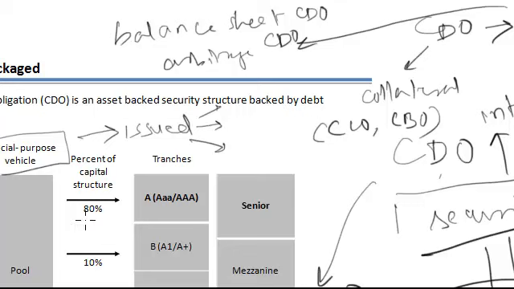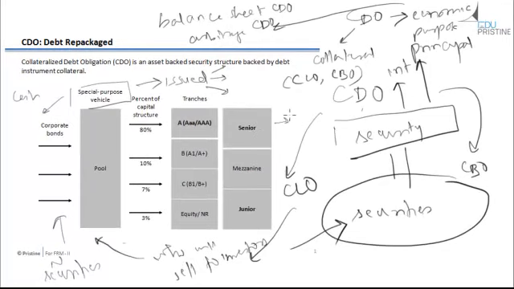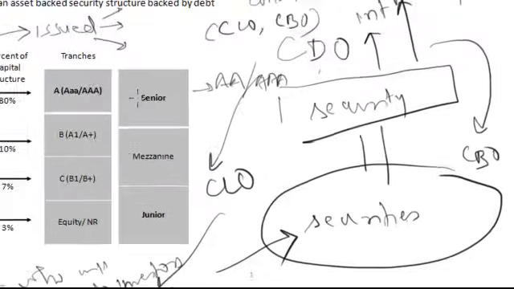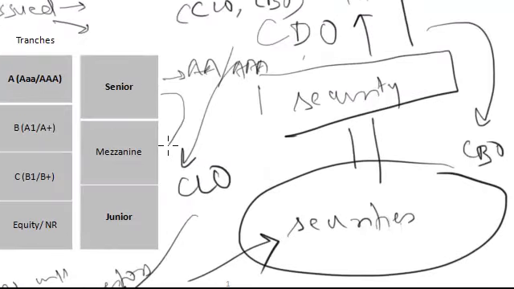The senior most tranche is one which will have a commitment in terms of interest payment and principal and would be the safest. Such tranches would ideally be rated AA or AAA by rating agencies. Following the senior tranche, we would have a series of mezzanine tranches, and then at the last we would have the riskiest, or junior, or equity tranche.